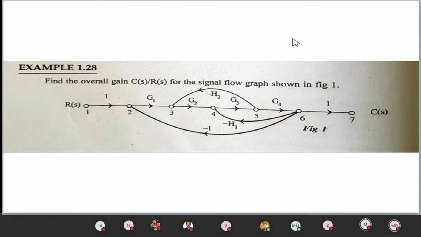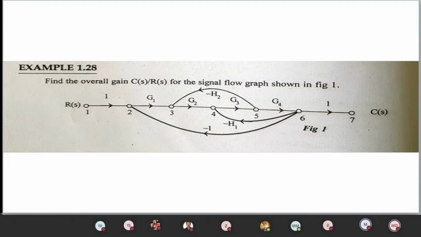Both of them lead to the same ultimate destination, but the method of approach is different. In block diagram reduction, we use certain rules, 10 rules, to convert several blocks into a single block. In signal flow graph, we use certain rules and Mason's gain formula. That's all. Now let us fix our attention on the first problem.